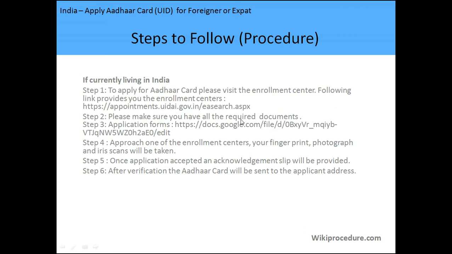Make sure that you have all the required documents, and you could download the application form from this following link and fill it up before you reach the place. It is also possible to get the application forms in the enrollment centers itself, but it is good if you have the form downloaded and filled up already.